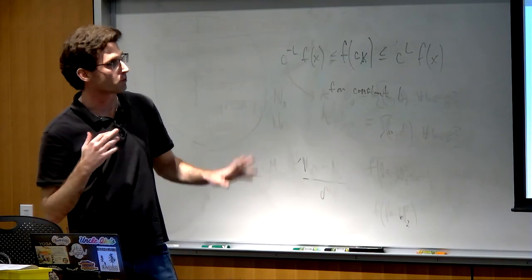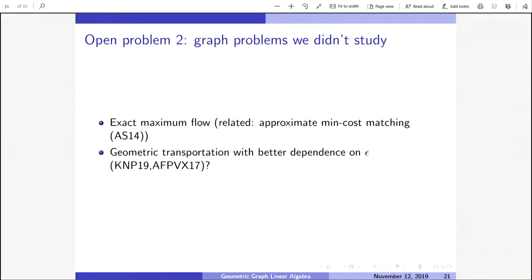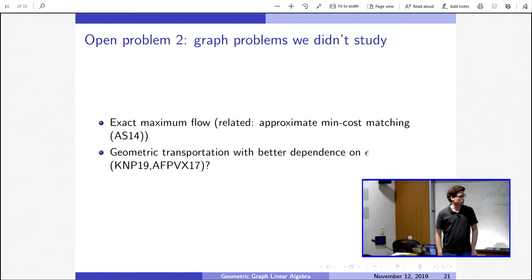We looked at these problems, but there are a lot of other problems that people have looked at that are also open in this space. In particular, it'd be nice to know if there are good algorithms for exact max flow on graphs like this. Some problems that have been looked at are things like min-cost perfect matching. Another problem is the geometric transportation problem, which is essentially finding an L1 minimizing flow in a geometric graph.